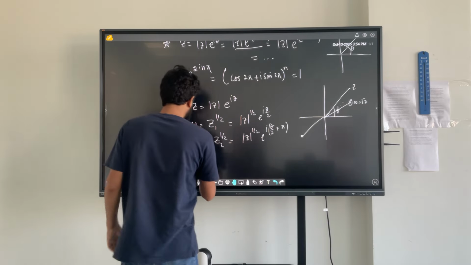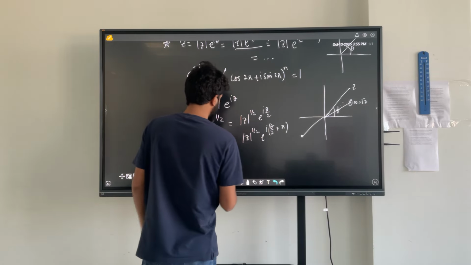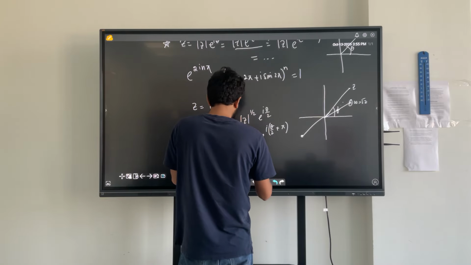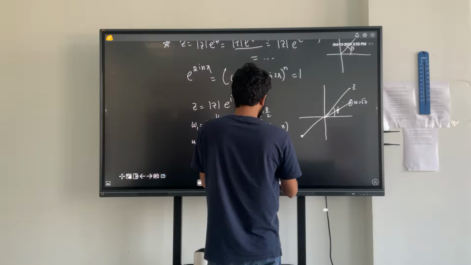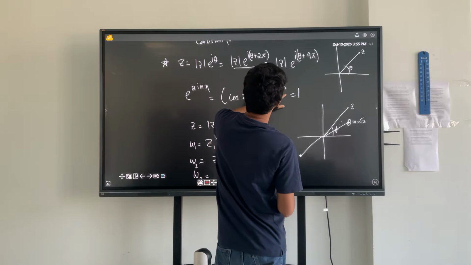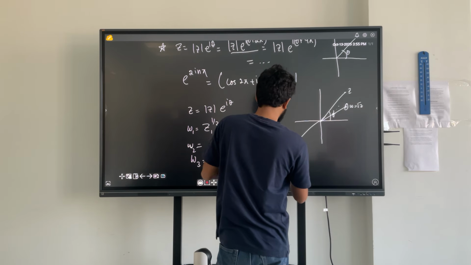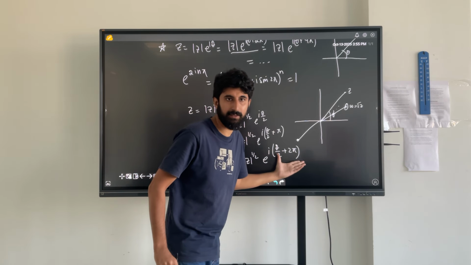The third person takes z3, the third representation. He once again gets mod z to the power 1 by 2, the same modulus, but his argument is now e to the i theta by 2 plus 2 pi. But you see 2 pi is redundant right here.